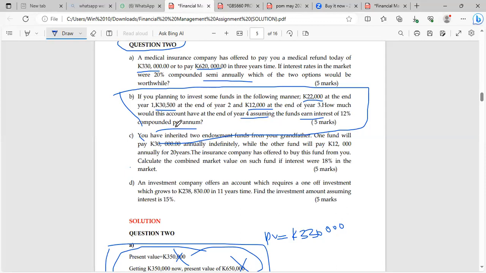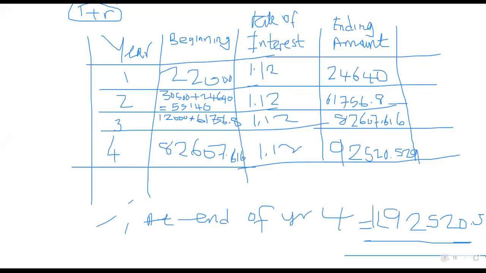Sorry, sir. May I please take a screenshot of the answers? Okay. So we are just multiplying this one by this. Then this one carries forward to year 2. You're adding what is there for year 2, multiplied by interest rate of 1.12.